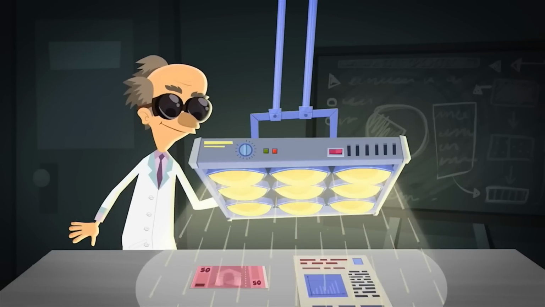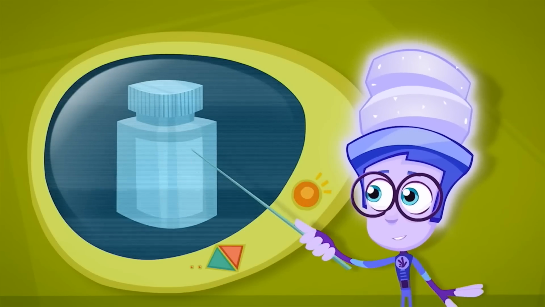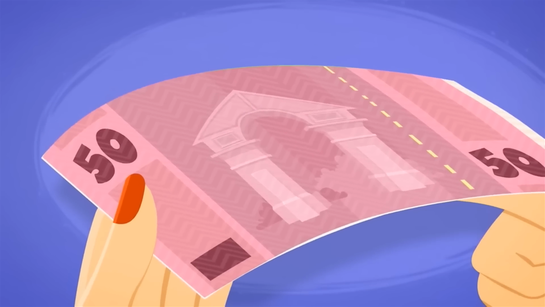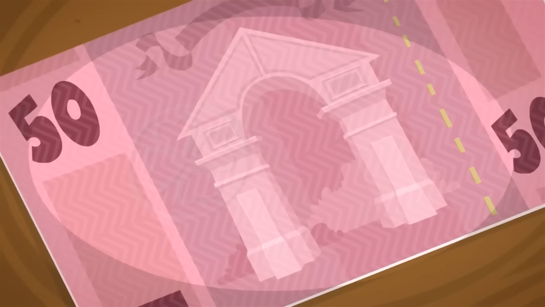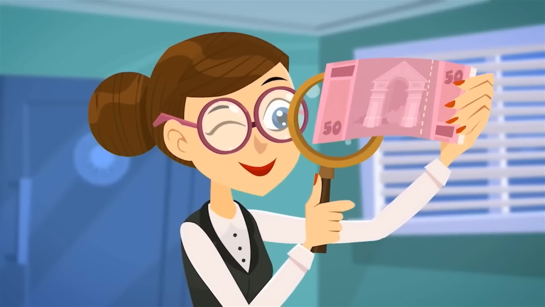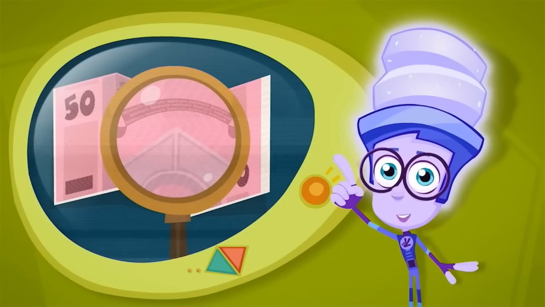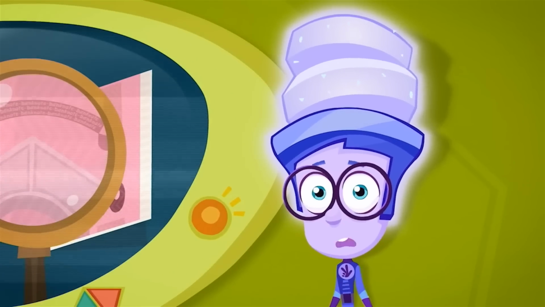It won't rub off the paper or fade in the sun. And that's not all. The ink has secret additives that can only be seen if you look at the money under a special light. This helps protect people from fake money. It is for the same reason that watermarks, metal strings, and teeny tiny writing is also used on money. This writing's very hard to read, unless you happen to be a Fixie. I hope I didn't say more than I should have.